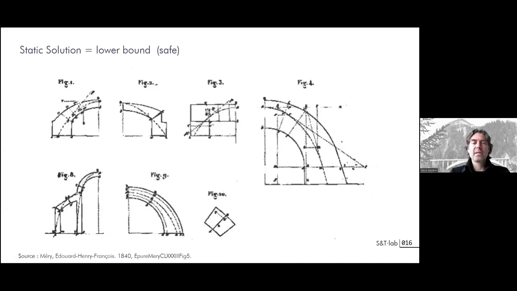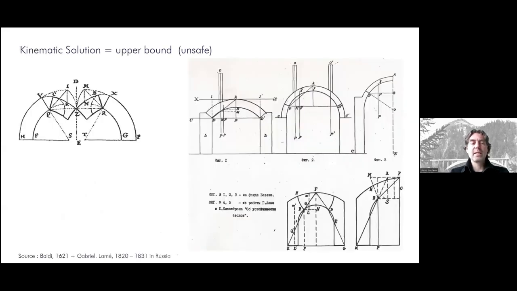This is, for instance, a lower bound approach, a safe approach that was proposed by Méry in 1840. We discussed this last week. And this is about the kinematic solution that is an upper bound, an unsafe theory.